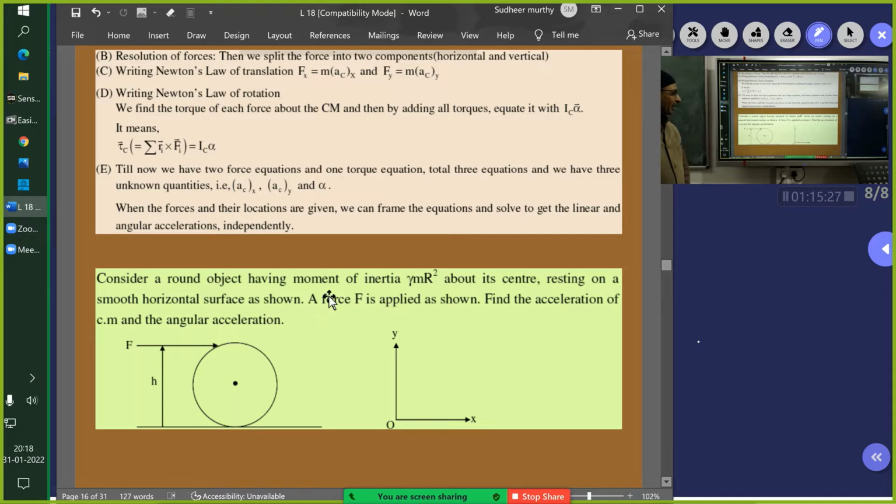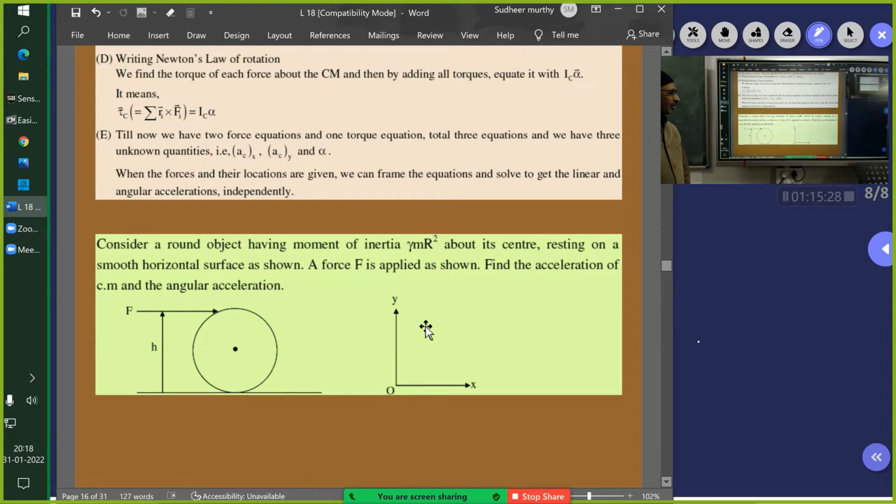Consider a round object having moment of inertia gamma m R squared about its center, resting on a smooth horizontal surface. So there is no friction. A force F is applied as shown. Find the acceleration of the center of mass and the angular acceleration.